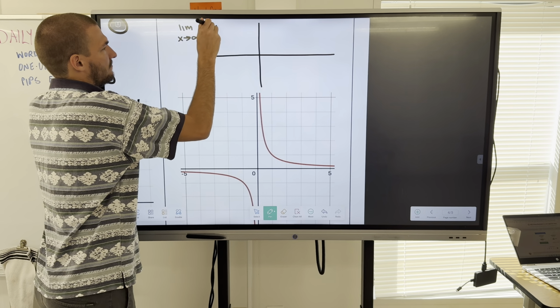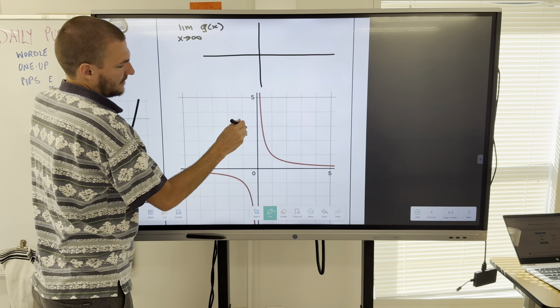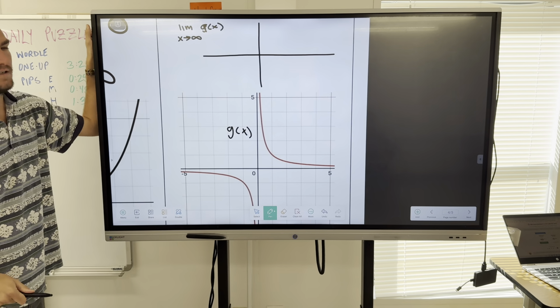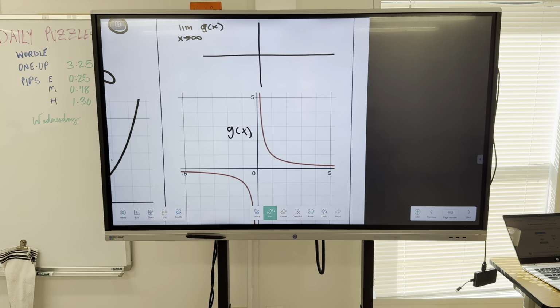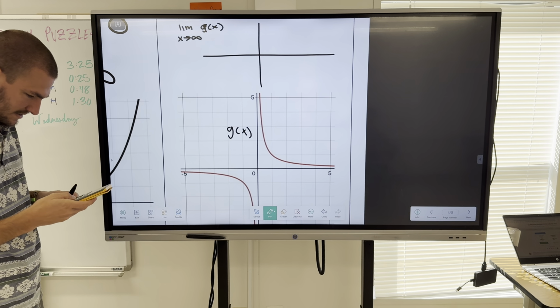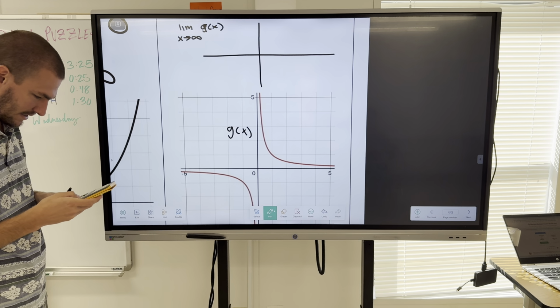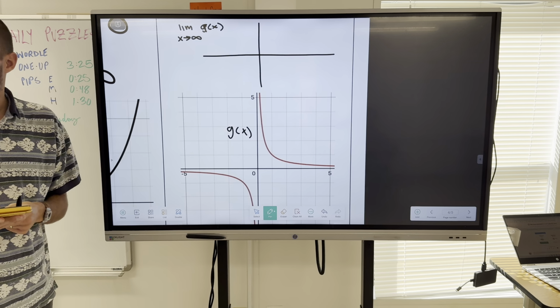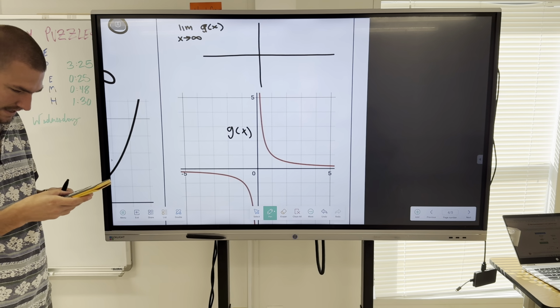I'll call it g of x. And we're gonna do random student selection. Random integer. We've got 1 through 9, and I'll be number 10.